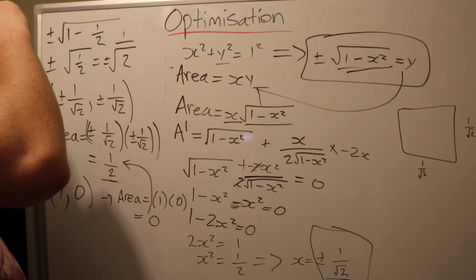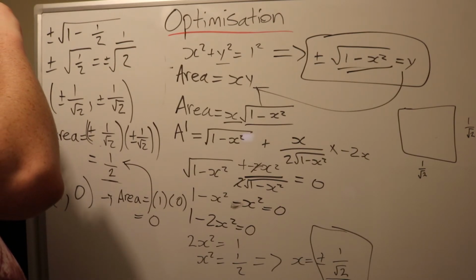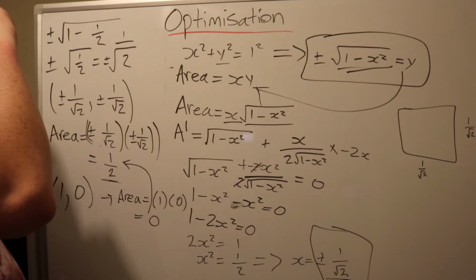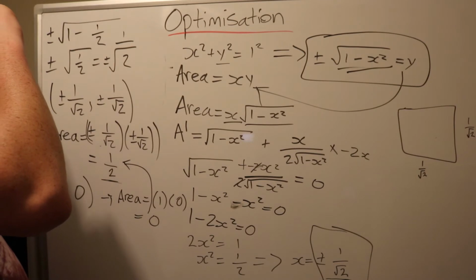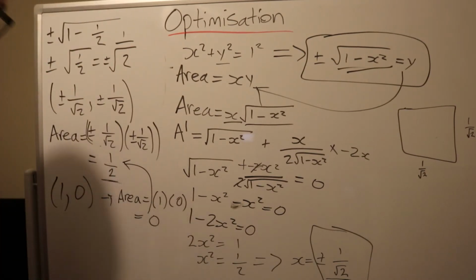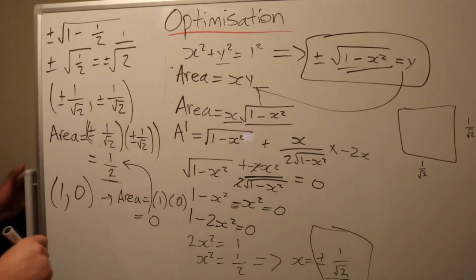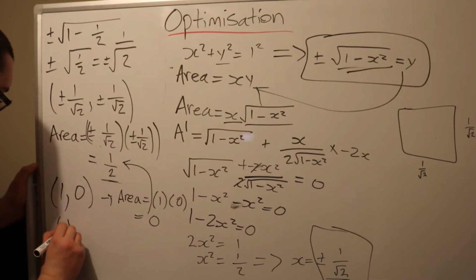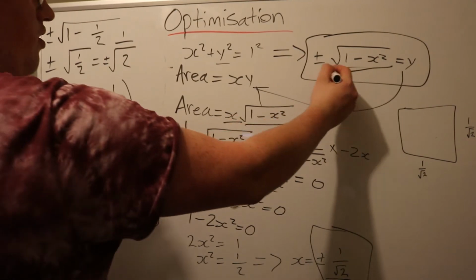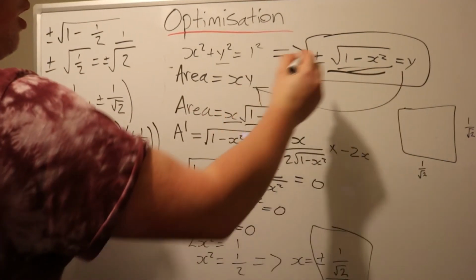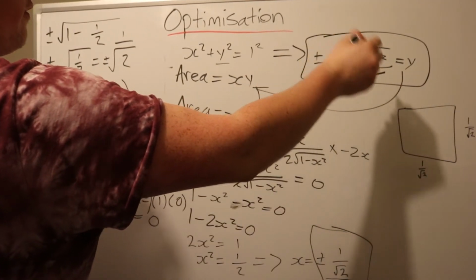I'm thinking of root 3 over 2, but that's not very nice. Let's try 1 over root 3. So 1 over root 3, that will give us an output here of 1 minus 1 over 3.